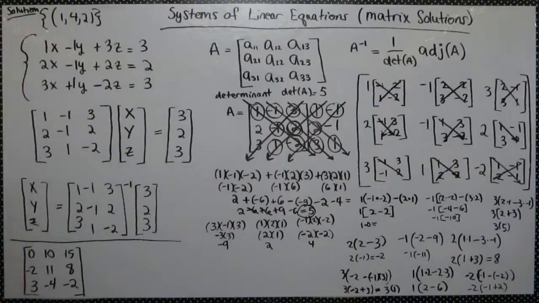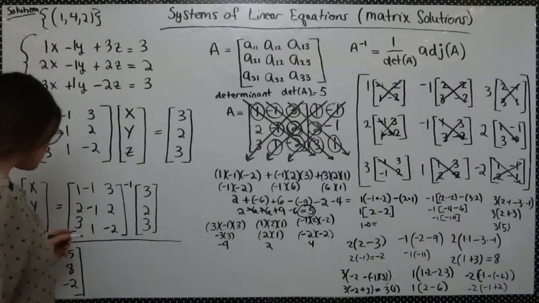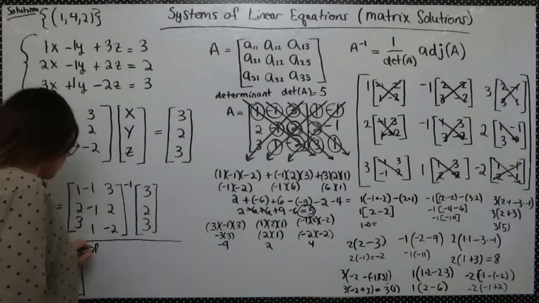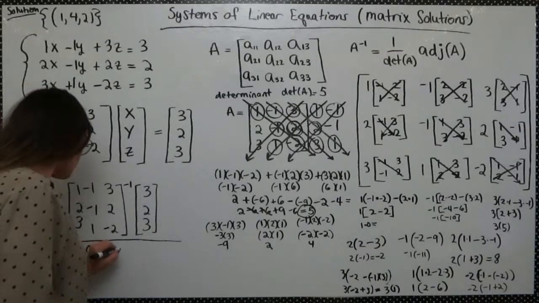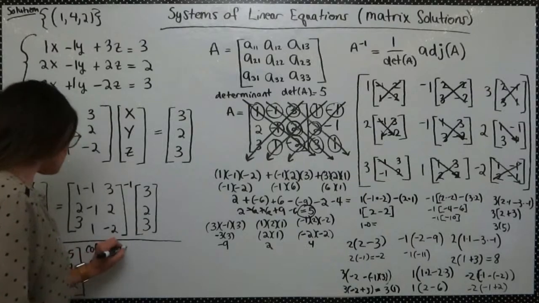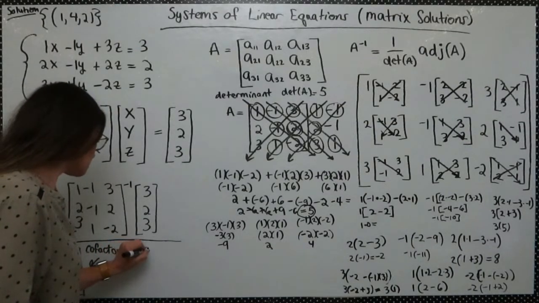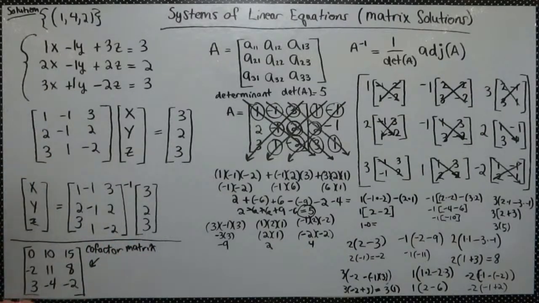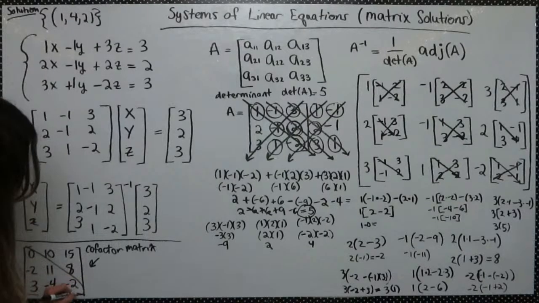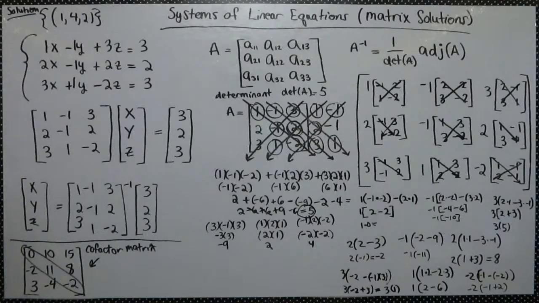So after you have your matrix of cofactors, so this is your cofactor matrix, this is what you're going to transpose. So the transpose process, you're taking your diagonal and you're leaving it alone.